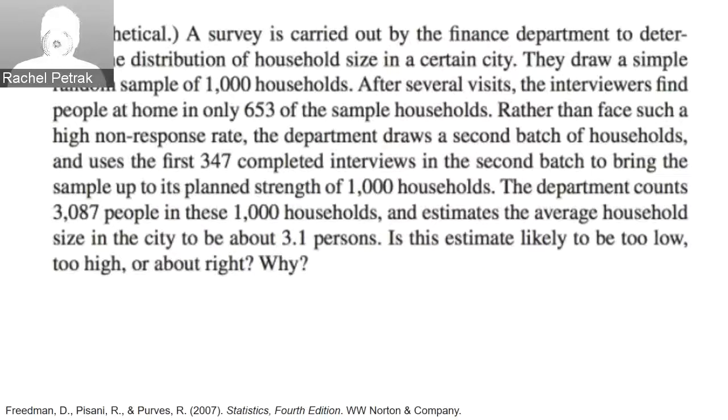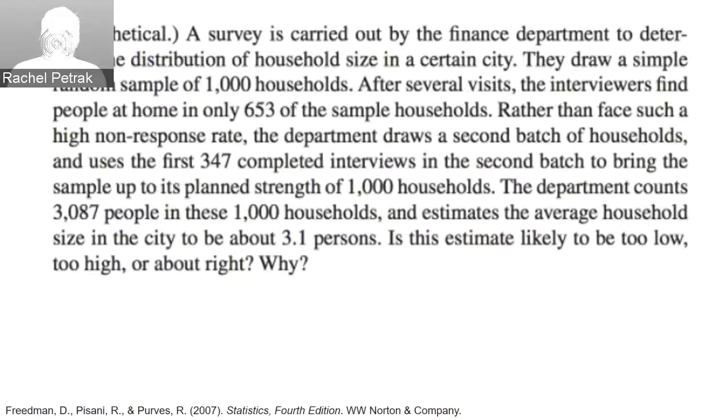Well, I see we've got people coming in on both sides of too low and too high. Well, you're right, it's not about right. So it is going to be one of too low or too high. Let's think through this logically. With smaller households, the interviewer is less likely to find someone at home.